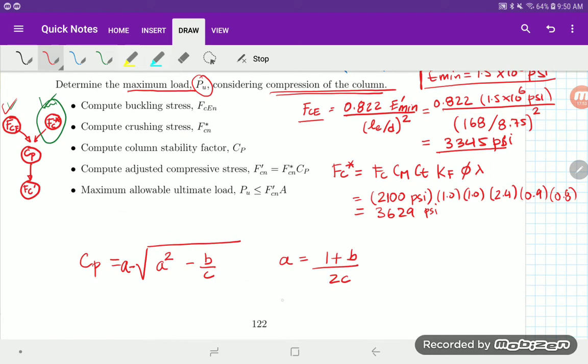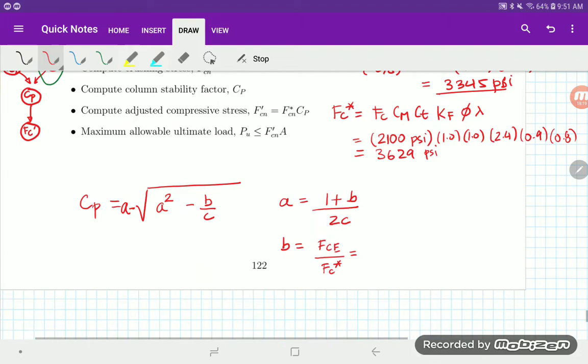Factor B, if you look at the equation that we had before, and we've done an in-class problem with that, is our FC for stability calculations divided by FC star.